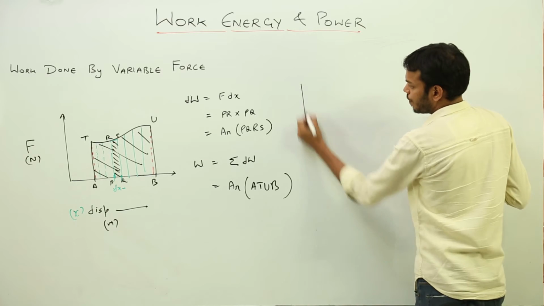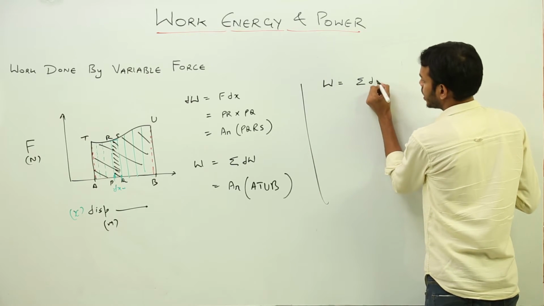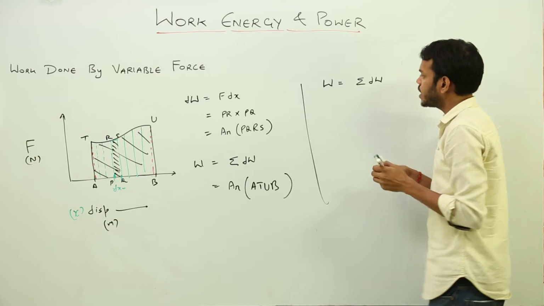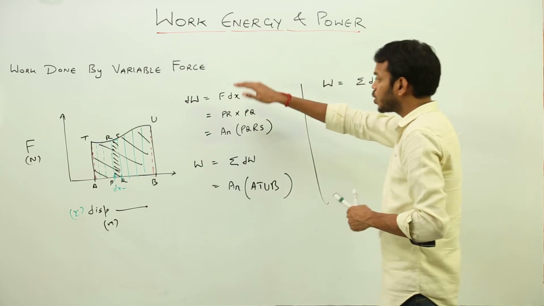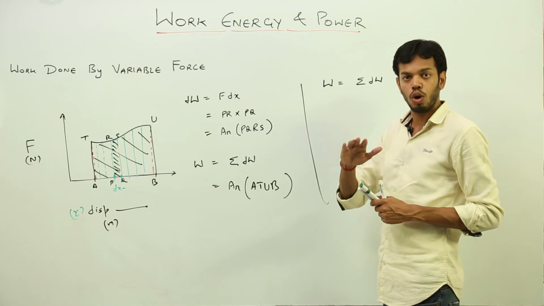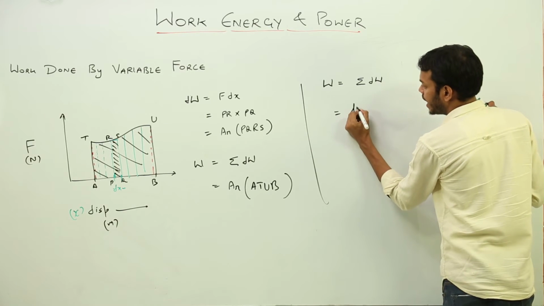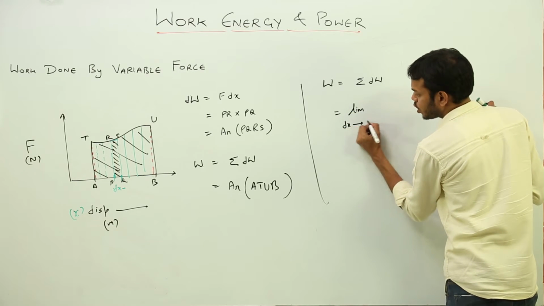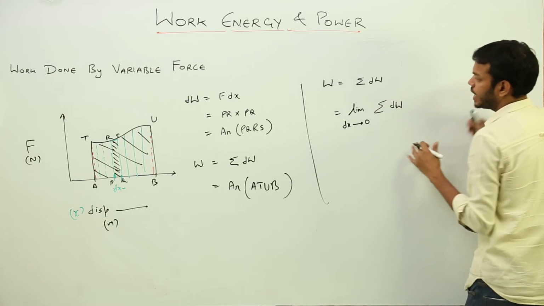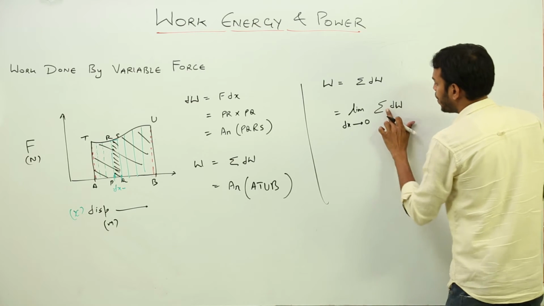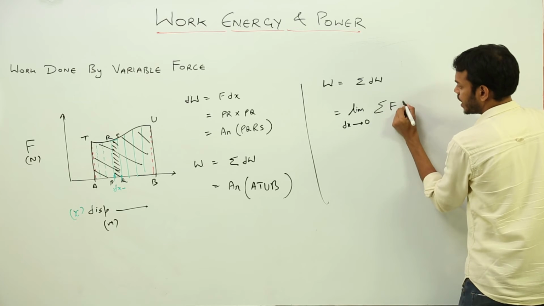From this we have work done is equal to the summation of small work done, right? This small work done was the result of force into small distance. So if this distance is infinitesimally small, I can apply a limit dx tends to 0 of summation dw, or instead of dw I can write F dx, summation F dx.